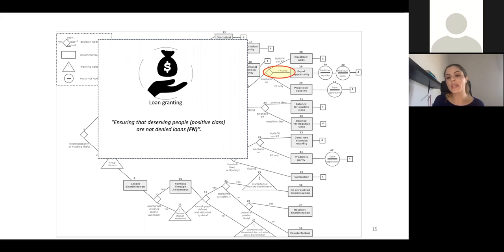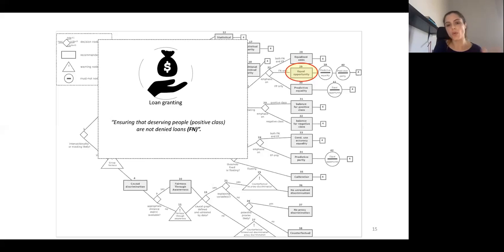So again, the diagram tells us that at that level of the path, equal opportunity is suitable, as it requires equal true positive rates among the different groups in the data.